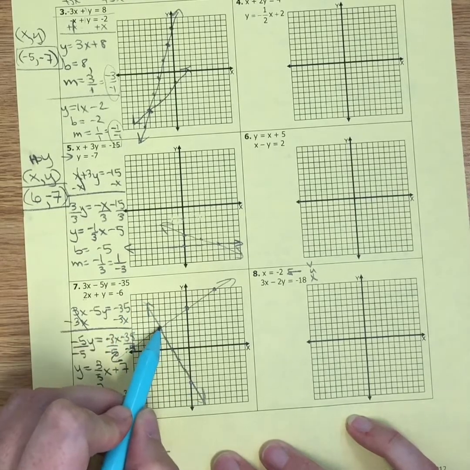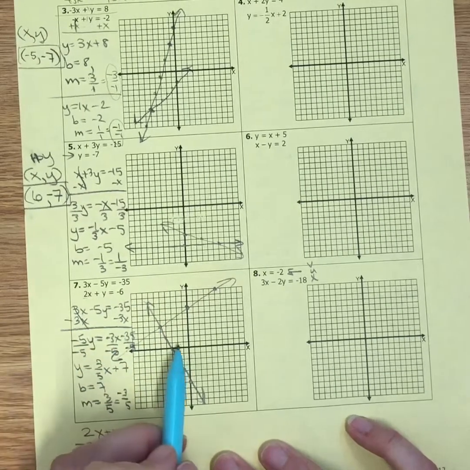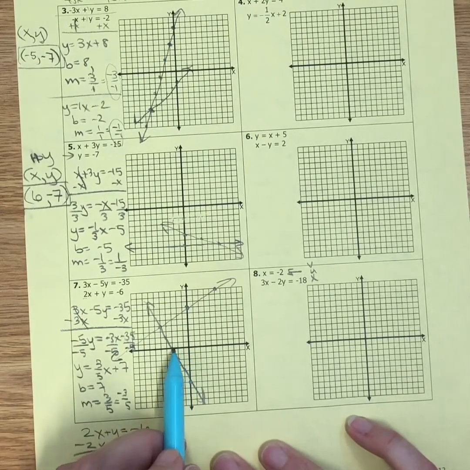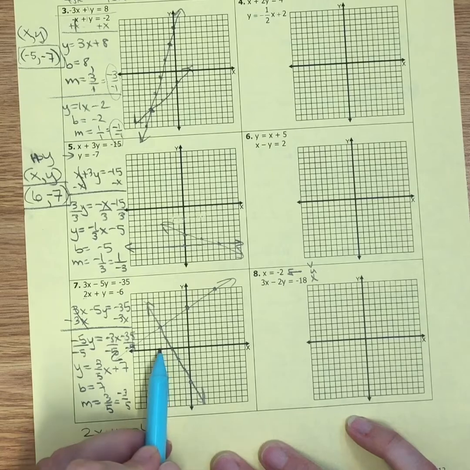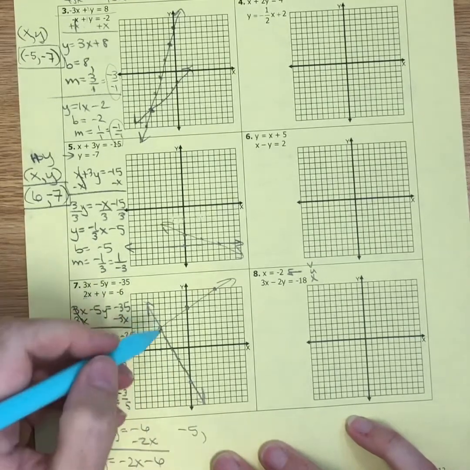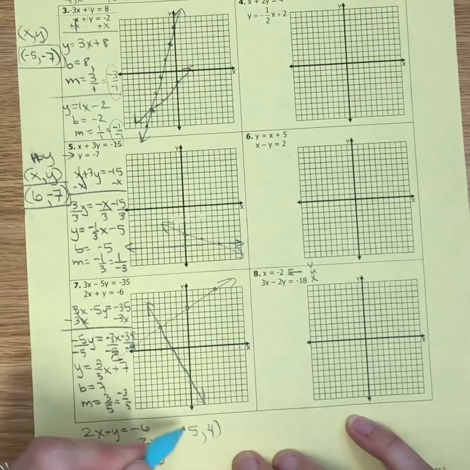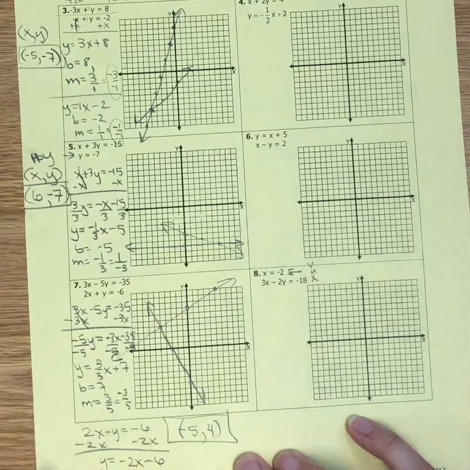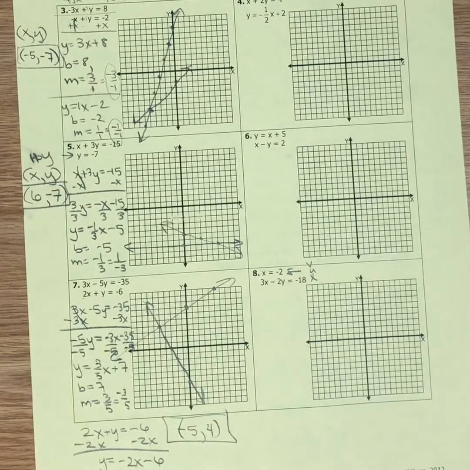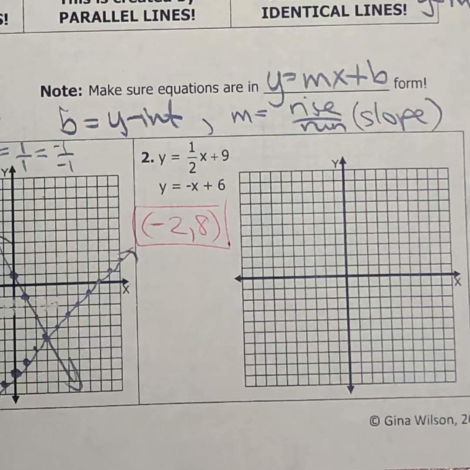So this is my solution. Well, the x coordinate is 1, 2, 3, 4, 5, and since it's to the left of the origin, it's -5, and the y is 1, 2, 3, 4, so it's +4 because it's above the origin.